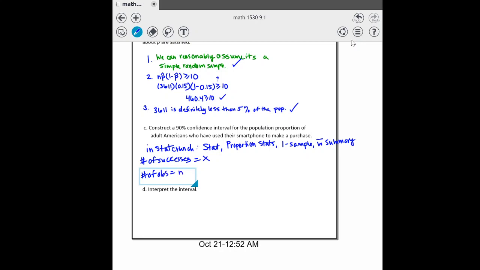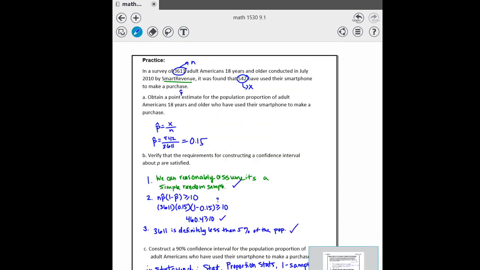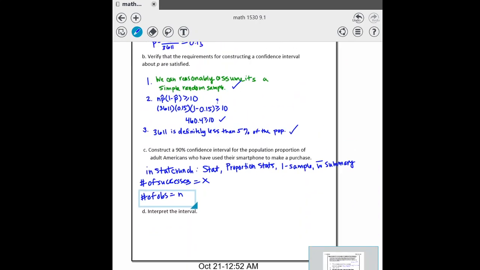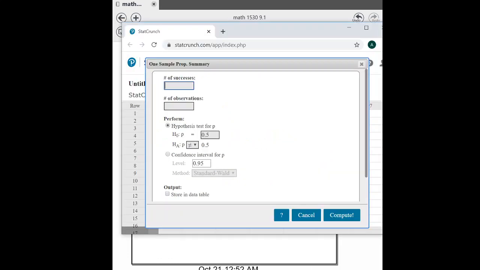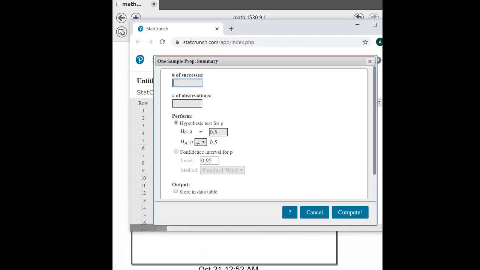So our x was, let's see, what was our x? 542, and our n was 3611. So when I pull up my StatCrunch again, my number of successes, I already forgot what x was, 542, there we go. And our number of observations is 3611.